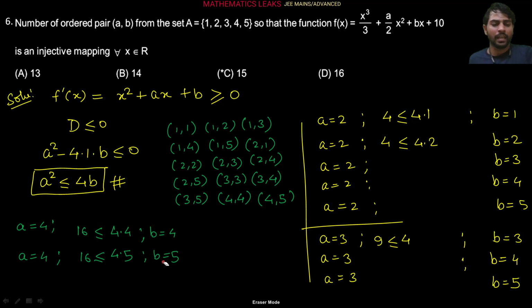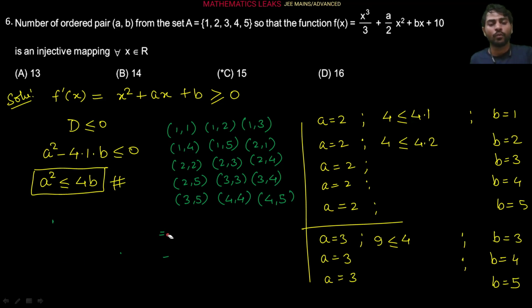Yes, it is. And similarly, if we observe A equal to 5, then what will happen? Just observe here. A is 5, so 5 squared, 25, is less than or equal to 4 into B. If B is 1, 4 into 1 is 4, and 4 is greater than or equal to 25? No, not satisfying. Similarly B equal to 2 gives 8, which is not greater than or equal to 25.